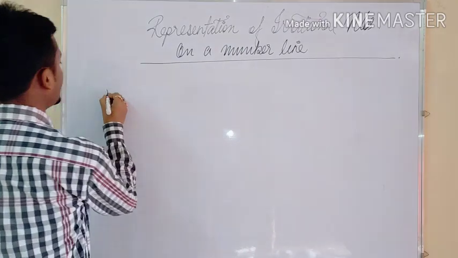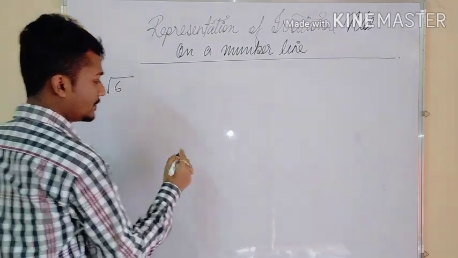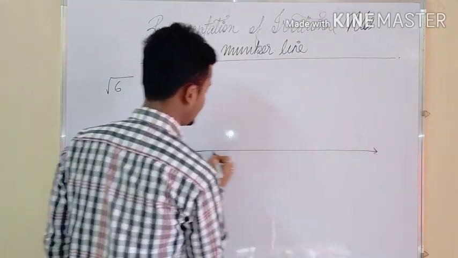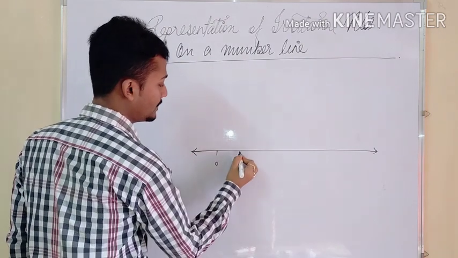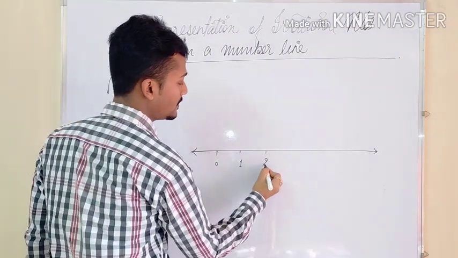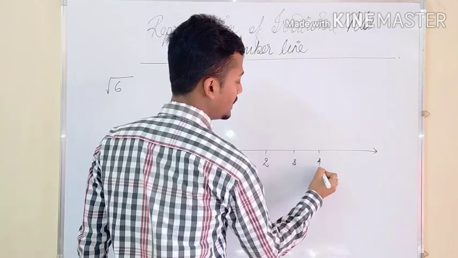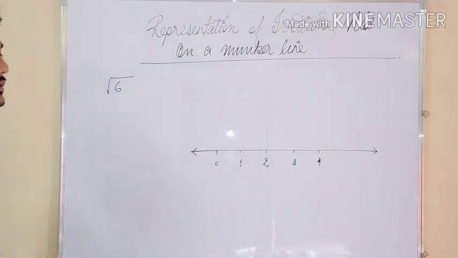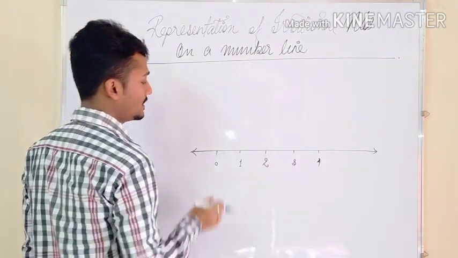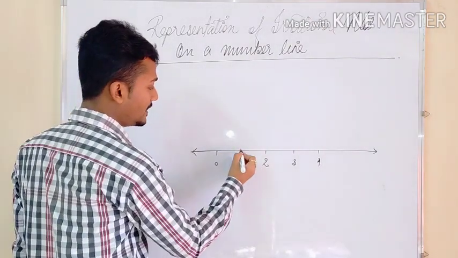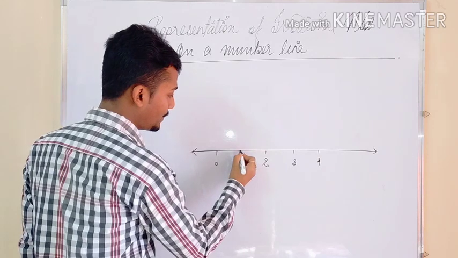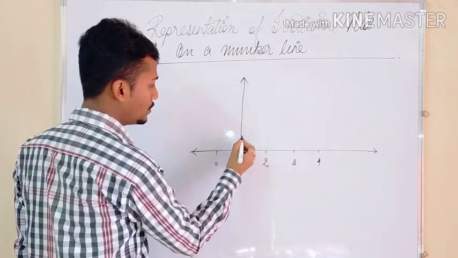Root 6 on a number line. At first draw a number line. This is positive, so I will put it on the right side of your zero integer. Now, very easily I can draw root 2.